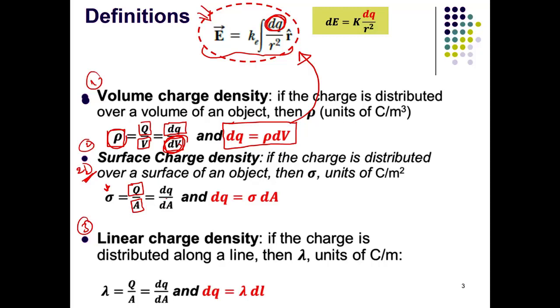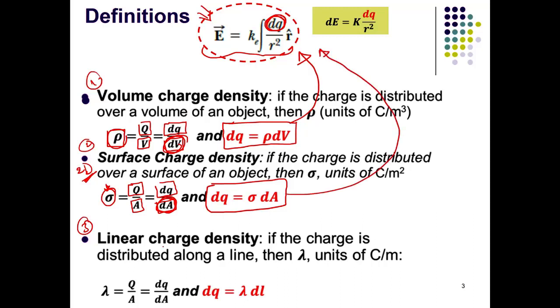If the disk is charged, you divide the disk into many, many small areas. Each small area is called dA, and each small area will carry a charge dq. So in this case, dq will be equal to dA multiplied by sigma. So if you have a two-dimensional problem, most probably, not always, we will discuss this, you need to use this.